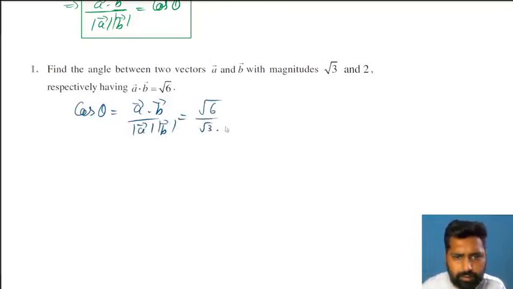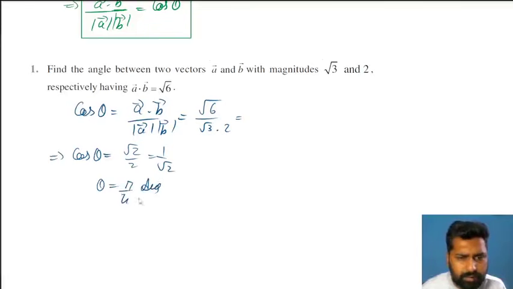Root 3 into 2. So this becomes cos theta as root 3 root 2. This becomes root 2 by 2, which is 1 by root 2. Cos theta is 1 by root 2. Theta is pi by 4. So the angle between the two vectors is pi by 4. Okay. Simple enough.